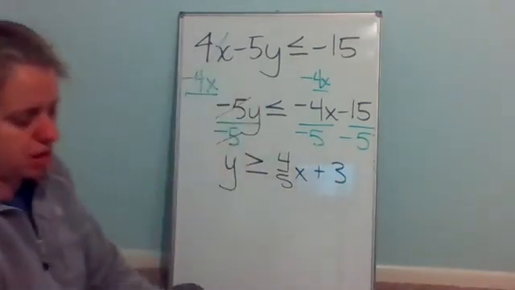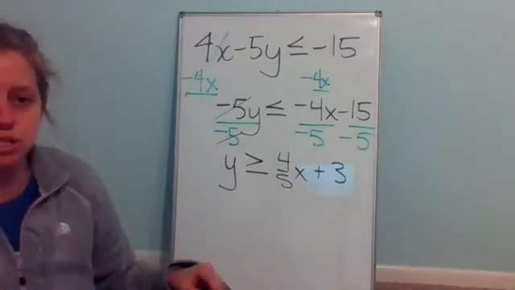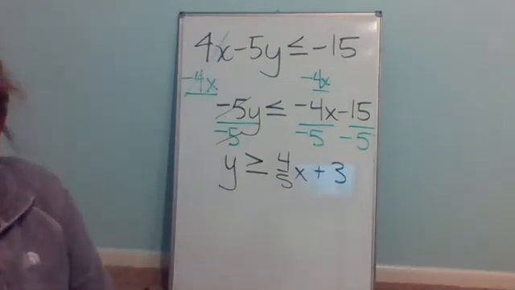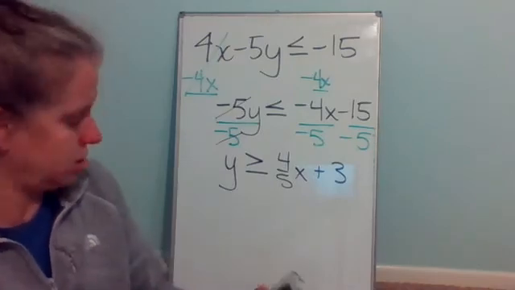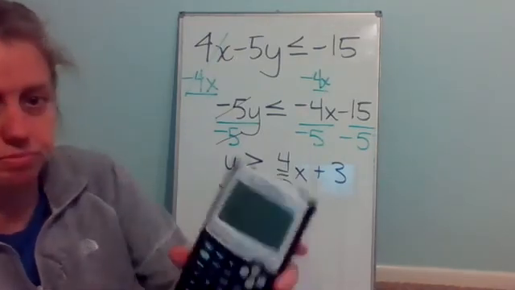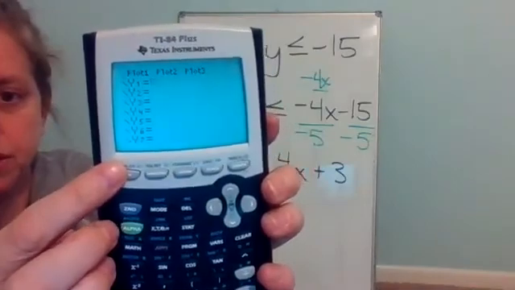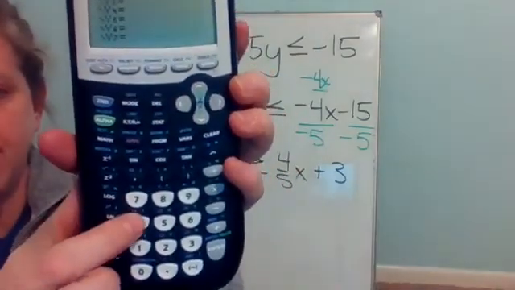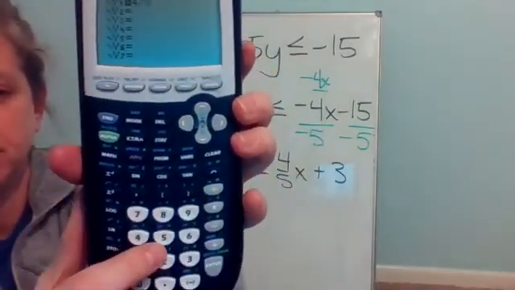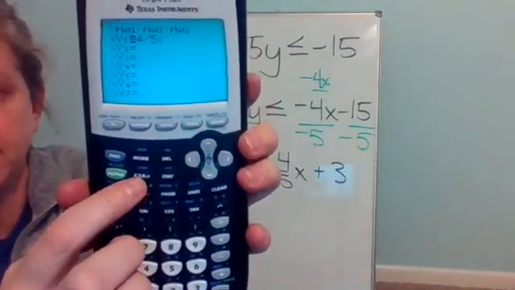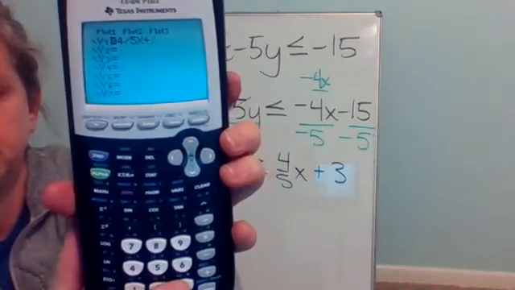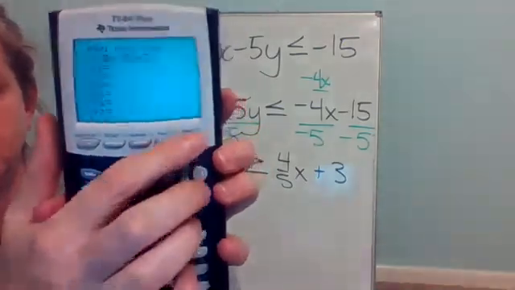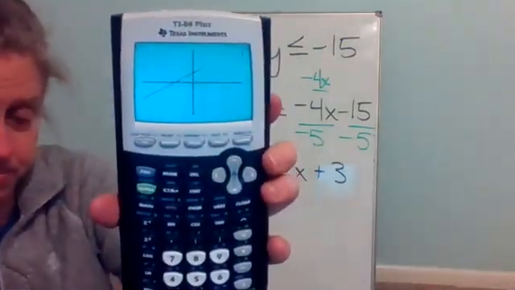So this is what I'm putting in my y equals to get 2 points to draw this line. Go to your y equals, 4 divided by 5, then hit your x, then +3. All right, let's go ahead and look at it.